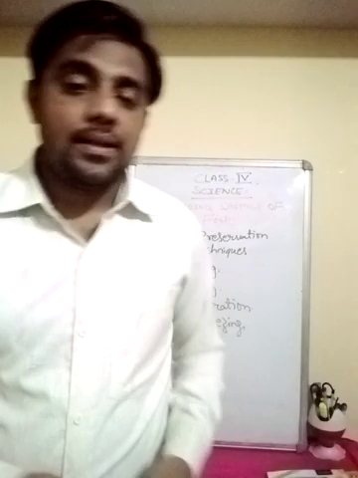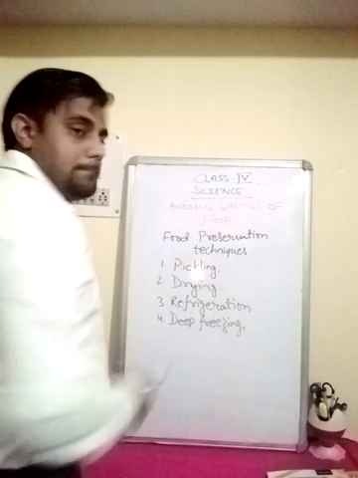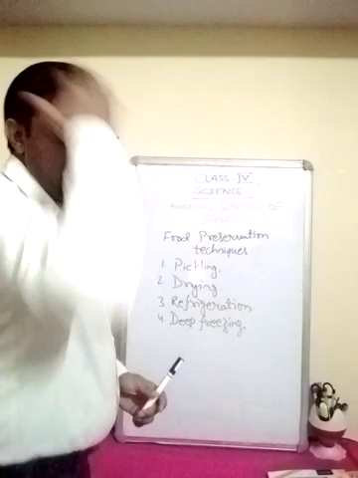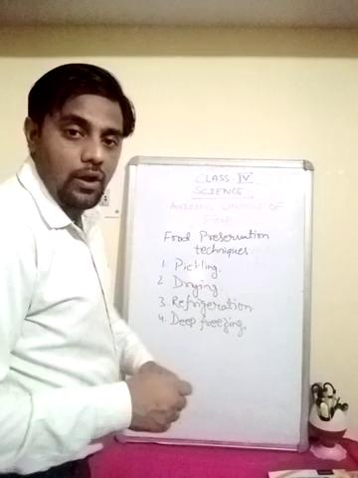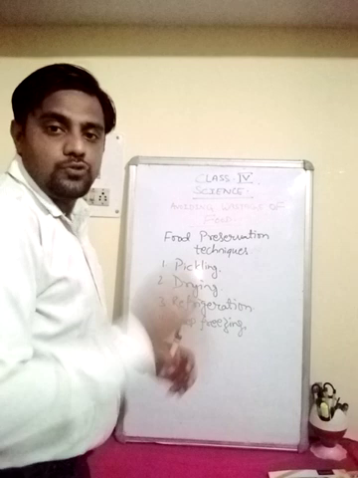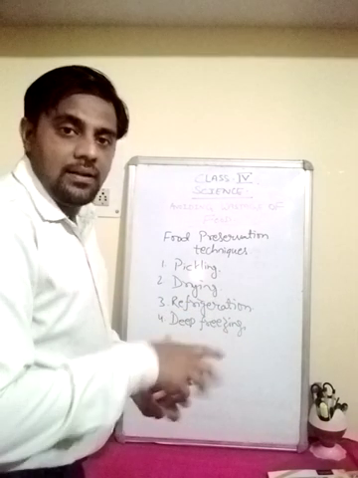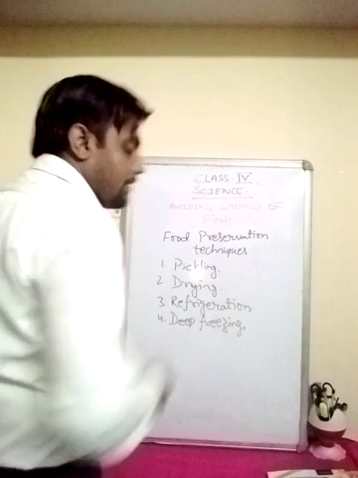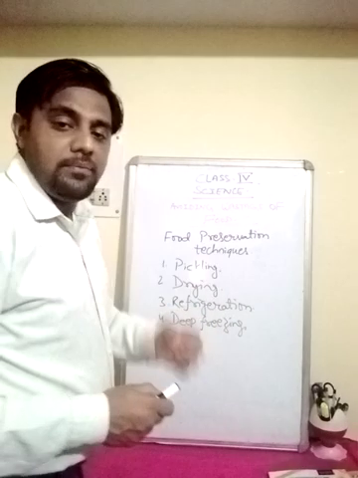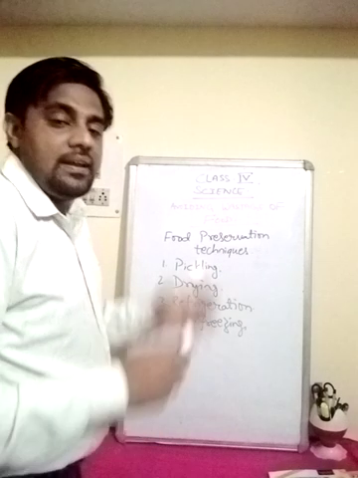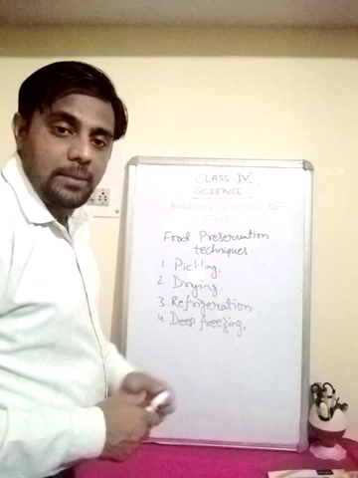So once again I am telling you the food preservation techniques: pickling, that is making pickle by mixing it with oil and salt. You have drying, chopping them up, drying them out in the sun and keeping them in airtight containers. After that we have refrigeration, keeping fruits and vegetables, preferably raw fruits and vegetables, in the refrigerator where they are preserved at low temperatures.